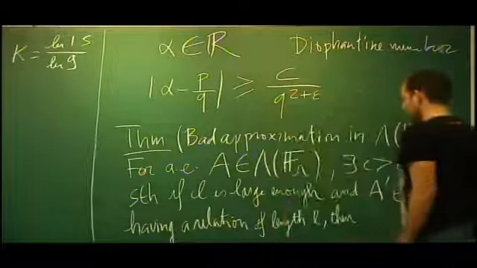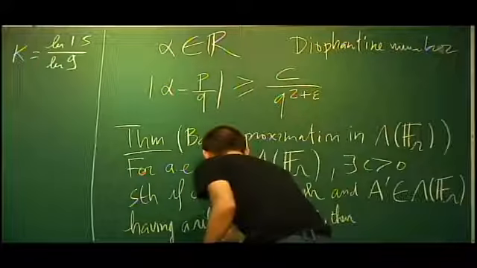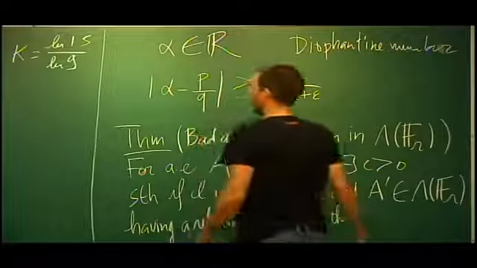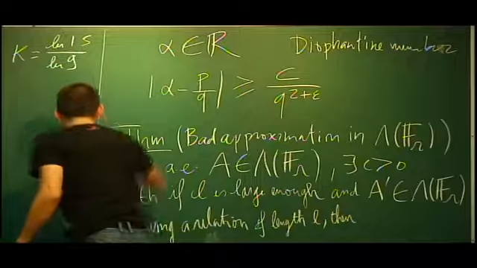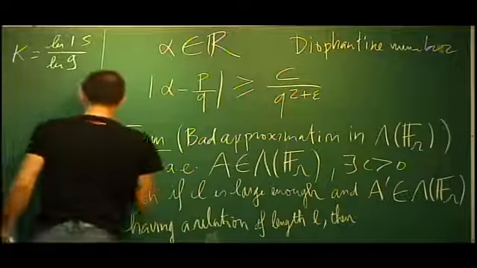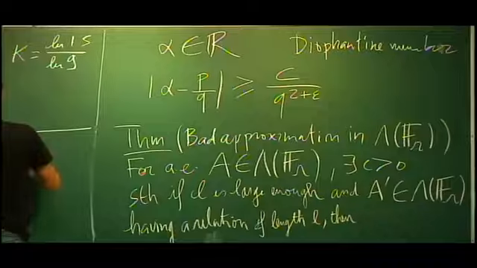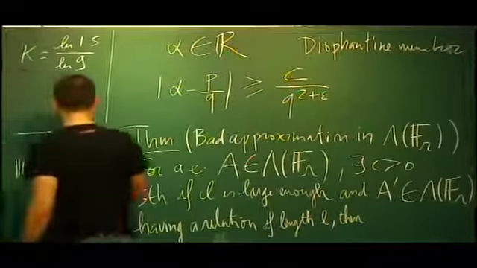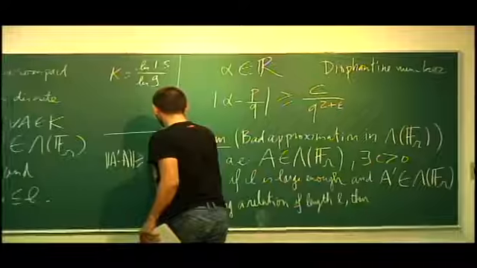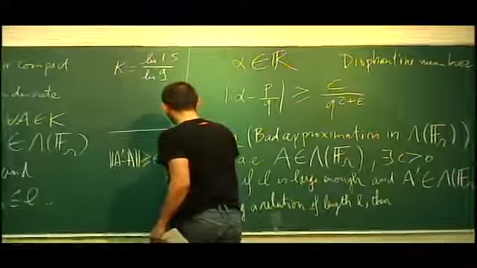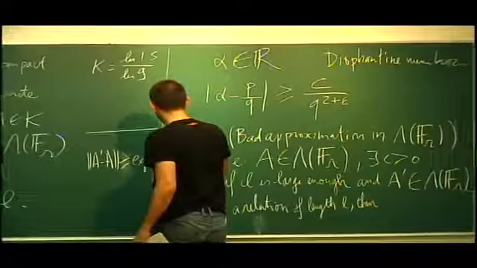And the bound is the following. Let's write the bound here. A prime minus A is bounded from below by exponential of minus C times L squared.